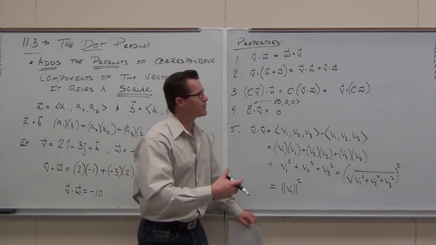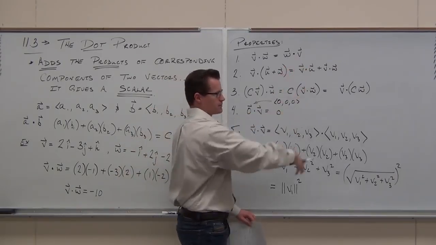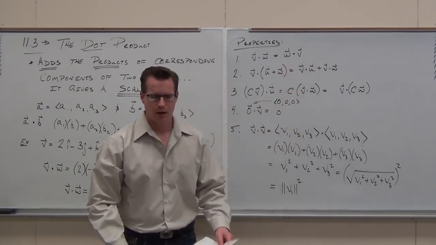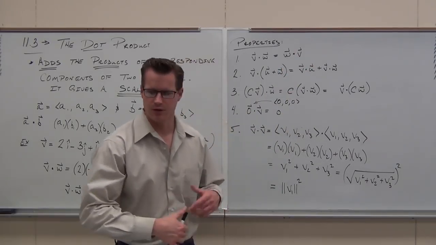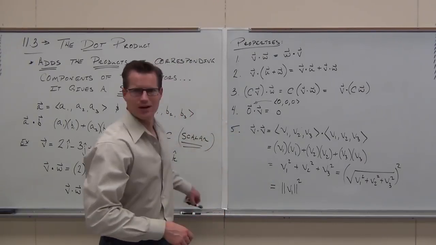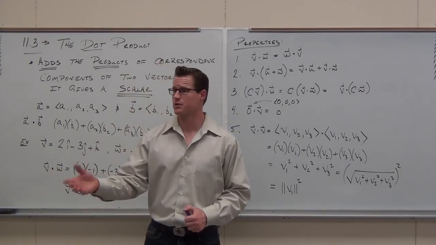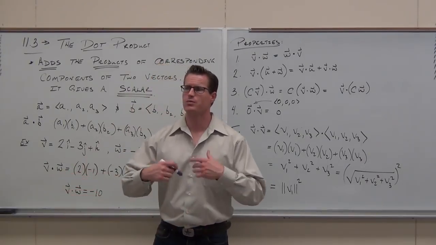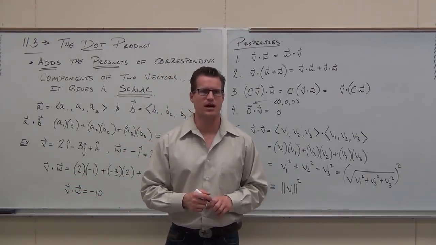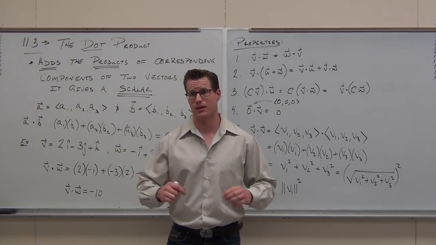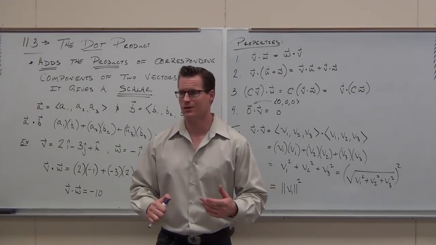Which means we got a couple things I'm going to write up at the top of the board. A couple things I want you to know, some corollaries, some really interesting stuff that we're going to use. Right now it's like, okay, that's awesome, what are we going to use it for? I'm going to show you as we go through the section. Right now we're just building properties, because it's probably the first time you've ever seen the dot product, unless you've had this class before, or a physics class where maybe you had to do it, but you're like, what's it all mean?